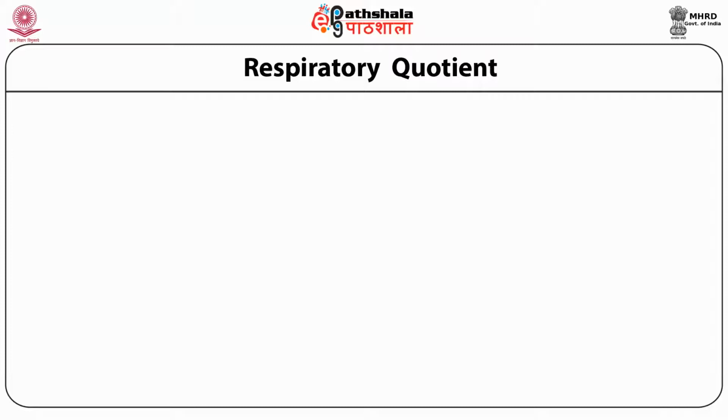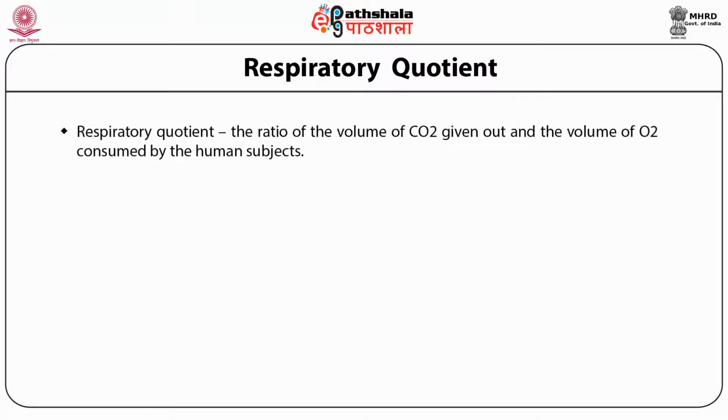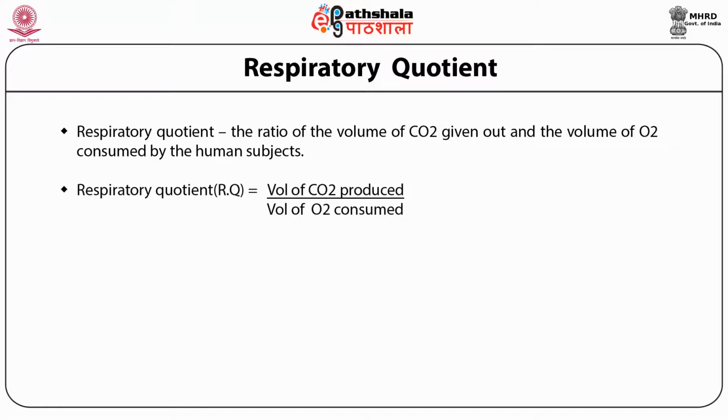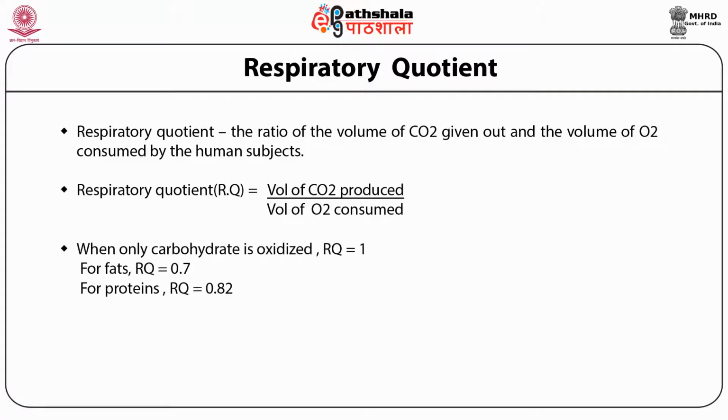Respiratory quotient is very important to be known when we talk about energy value of foods. Respiratory quotient is the ratio of the volume of carbon dioxide given out and the volume of oxygen consumed by human subjects. When only carbohydrate is oxidized, the respiratory quotient is 1.